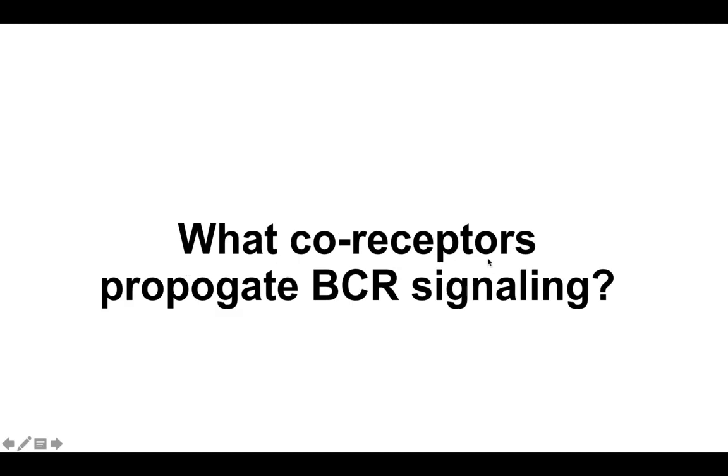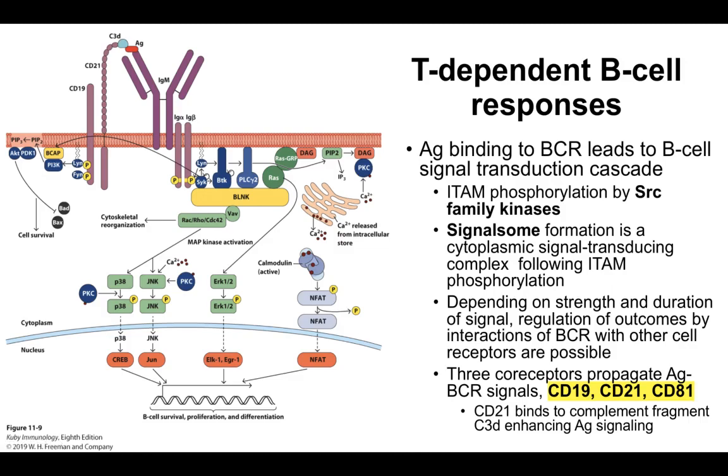What co-receptors propagate B cell receptor signaling? For the B cell, they can have CD19, CD21, and CD81 help propagate the signaling through the B cell receptor. If we look at the B cell receptor and its signaling pathway, there are also phosphorylation events, so kinases are important at the beginning of the signaling.